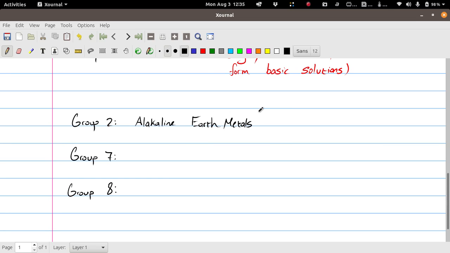The common thread among them is that they're silvery soft metals. So you have things like magnesium and calcium. Silvery soft metals.